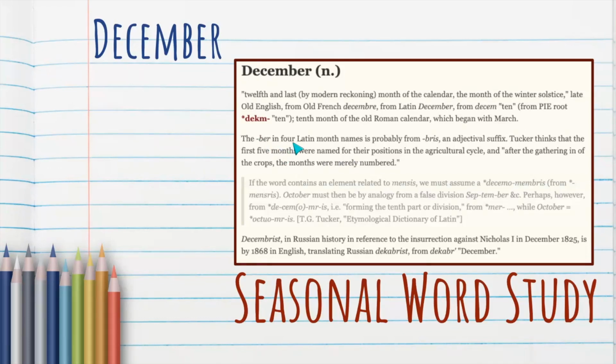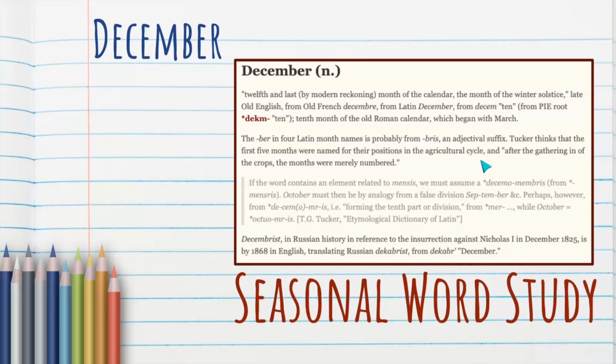So then, well, it explains where the BER came from. The BER in four Latin month names, probably from BRIS, which was an adjectival, I don't know how to say that word, suffix. T.G. Tucker, the etymological dictionary of Latin, thinks that the first five months were named for their positions in the agriculture cycle.